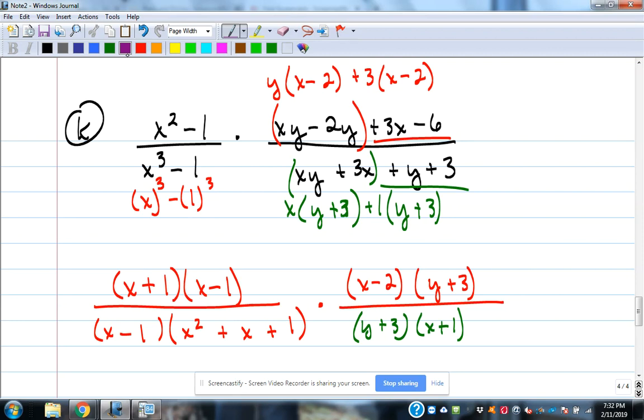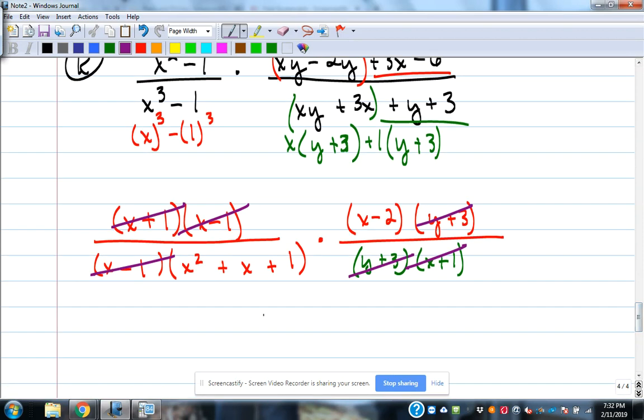Now we can start canceling stuff. I always try to factor everything first and then cancel things. Vertically and diagonally are the directions I'm going. I've got vertical here with the x minus 1s, and a vertical with the y plus 3s. Do I have any diagonally? That x plus 1 up top cancels that x plus 1 in the bottom. And that's it.